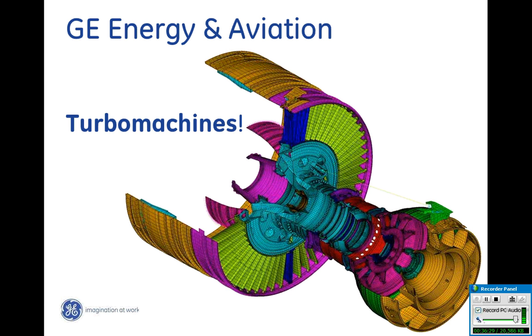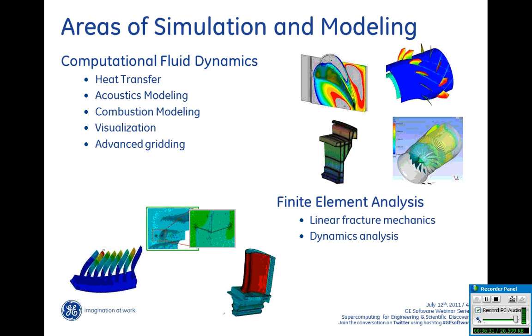And the kinds of things that we're simulating there are computational fluid dynamics, so this is heat transfer, acoustics, combustion, finite element analysis, so we're looking at fracture mechanics and other material properties.